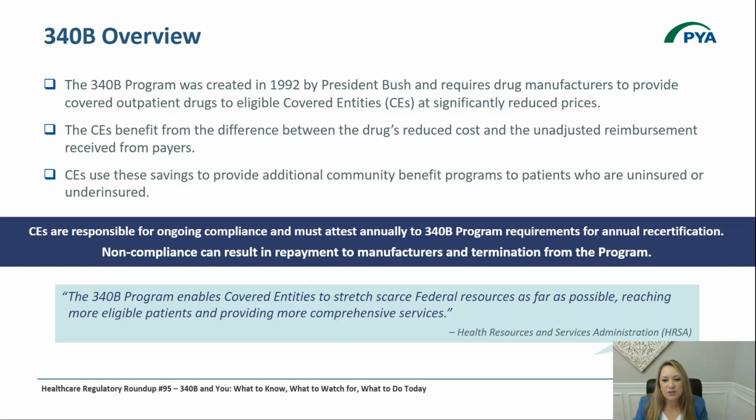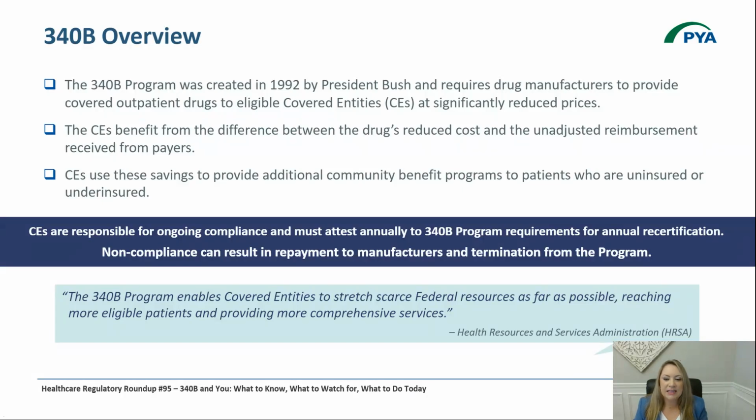The covered entities, or the providers that participate in the program, benefit from the difference between the drug's reduced cost and the unadjusted reimbursement that's received from payers, assuming that it is in fact unadjusted. Then covered entities are able to use these savings to provide additional community benefit programs to patients who need them.